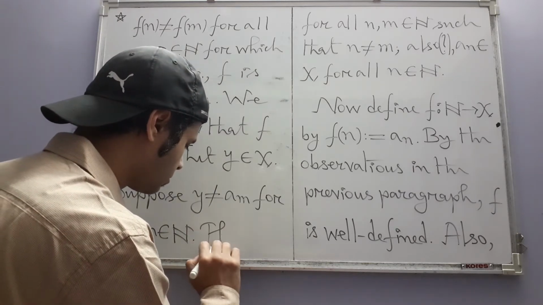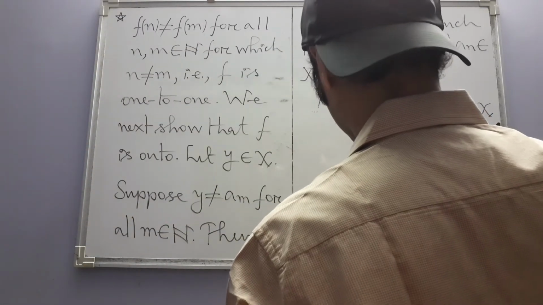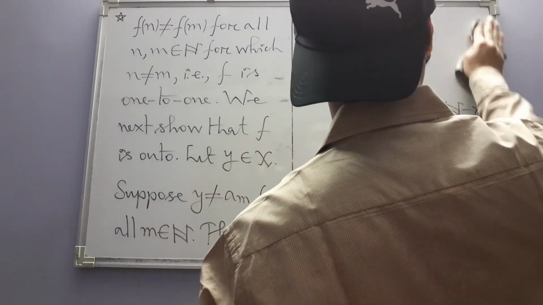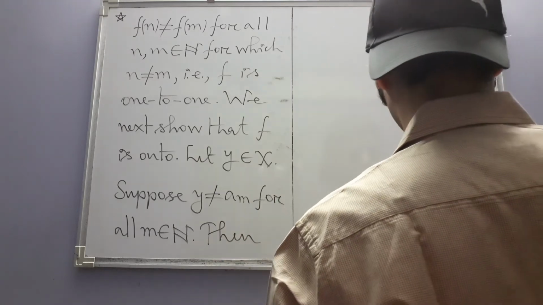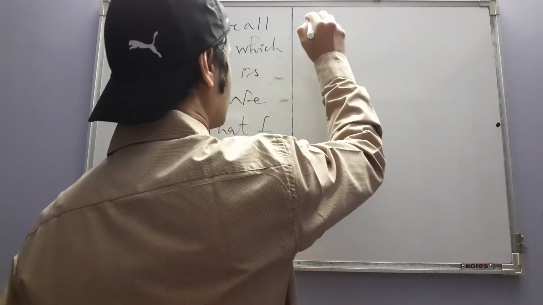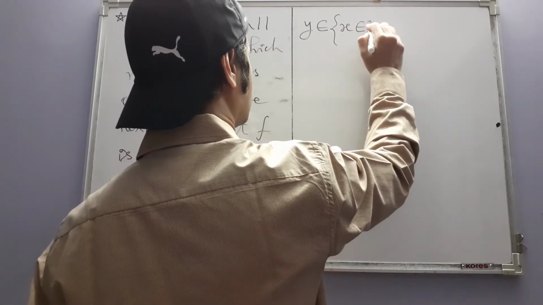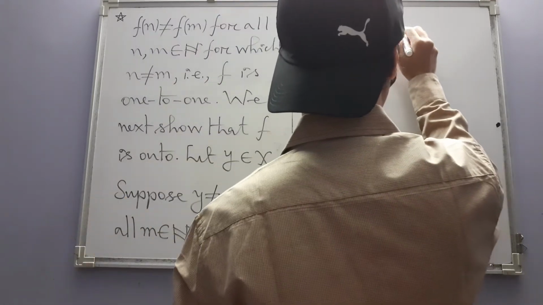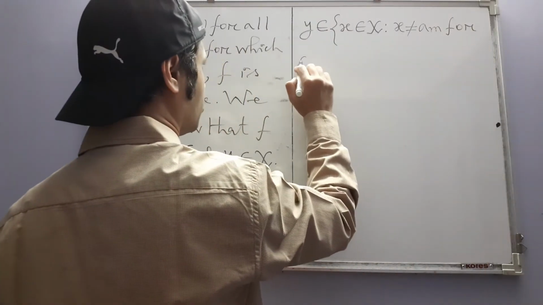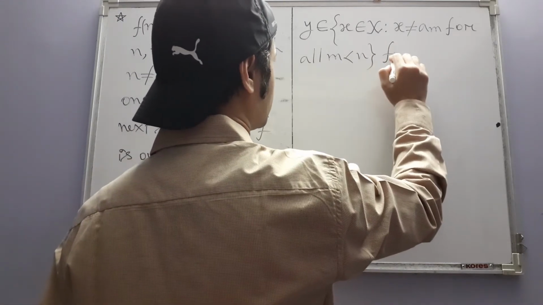Then y belongs to this set such that x is not equal to am for all natural numbers m less than n, for all n.